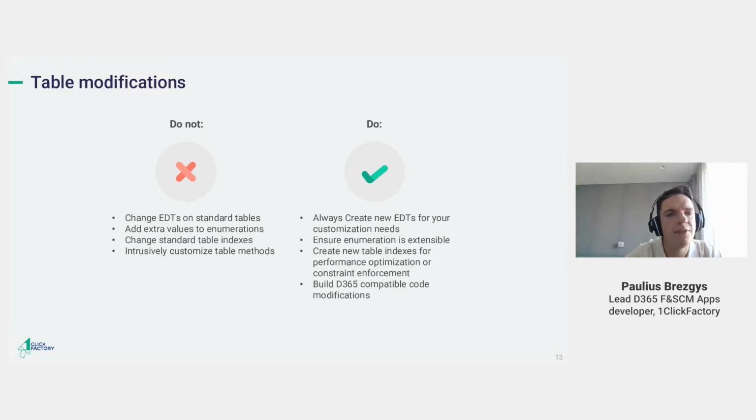So the biggest conflicts with Dynamics 365 on tables are: developers usually change extended data types on standard tables, developers add extra values to enumerations, or developers change standard table indexes, or intrusively customize table methods. So these are big do nots when you build the AX customizations.